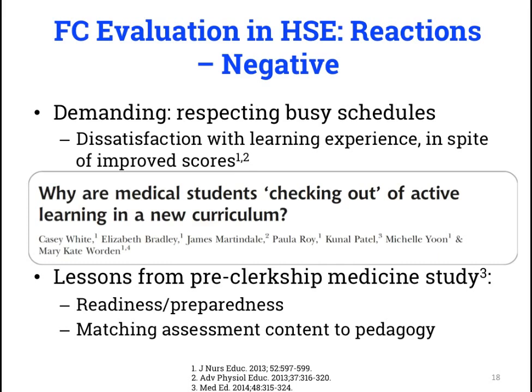And then there's this interesting other concept of matching assessment content to the pedagogy. So they said that the classroom activities addressed skills and knowledge that were not thought to be relevant for subsequent exams. And the wonder there would be if the exams stress lower order cognitive skills like knowledge and comprehension rather than the higher order cognitive skills, which were hopefully being encouraged or stimulated through flipped classes, then perhaps the flipped classroom methodology was on the right track, but it wasn't being rewarded, the time or effort that students were being put into it.